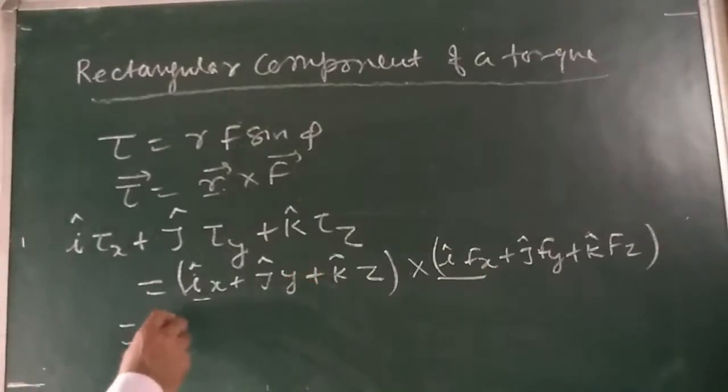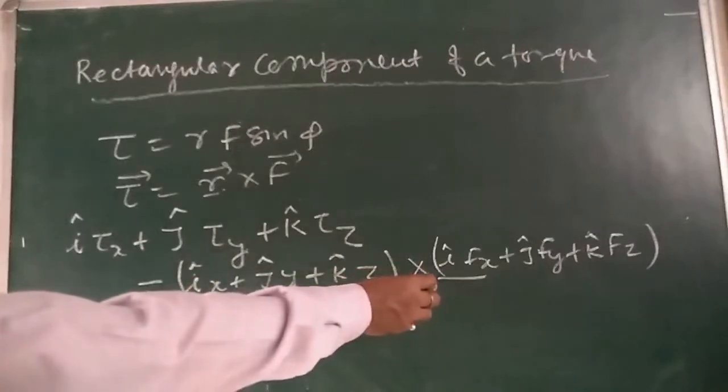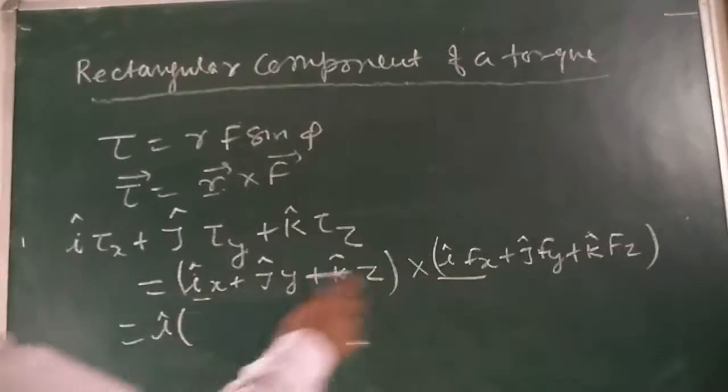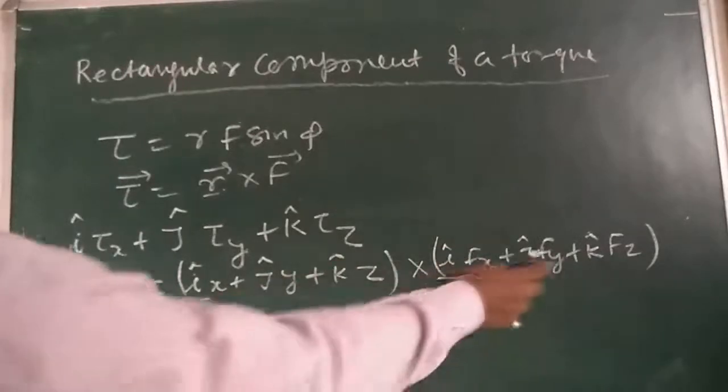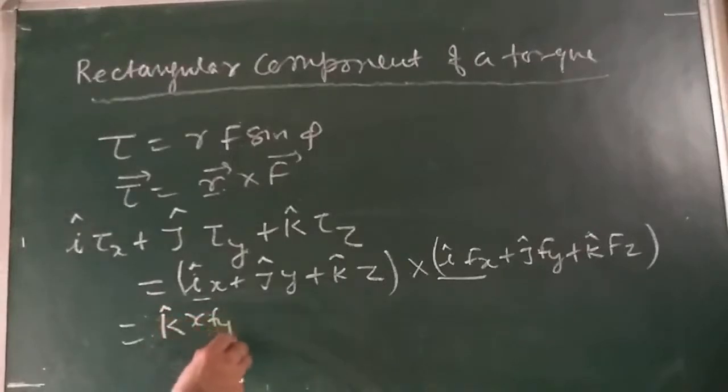So i cross i is 0. i cross j is k, so we get k cap x Fy.